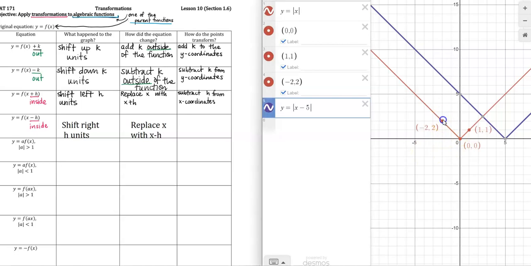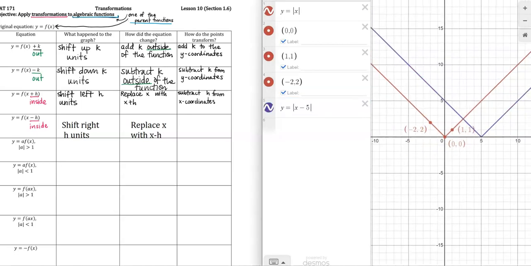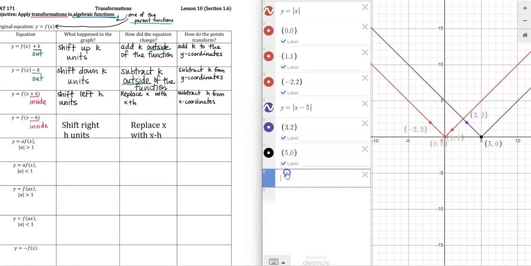So let's take a look. We have negative 2, 2 on the original graph in red, but that point's not on the new graph. Instead, the new graph is at 3, 2 because the point moved to the right 5. 0, 0 is no longer on the graph, but 5, 0 is on the new graph. And 1, 1 is not on the new graph, but 6, 1 is.